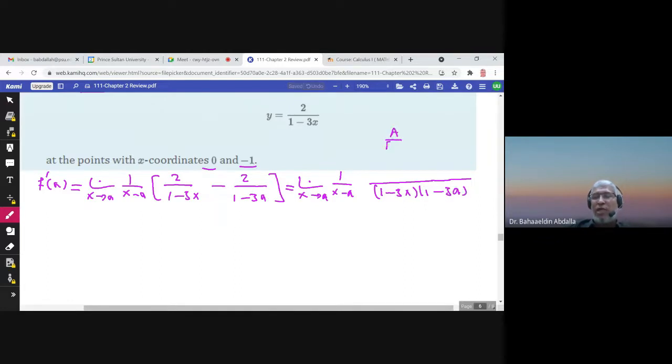You subtract a over b minus c over d using this formula, ad minus bc. So 2 times 1 minus 3a will give you 2 minus 6a, and minus 2 times 1 is negative 2, and minus 2 times minus 3x is positive 6x. 2 cancels with negative 2.